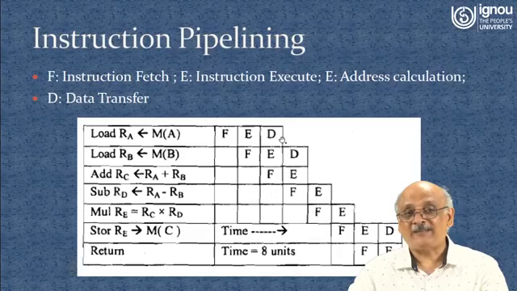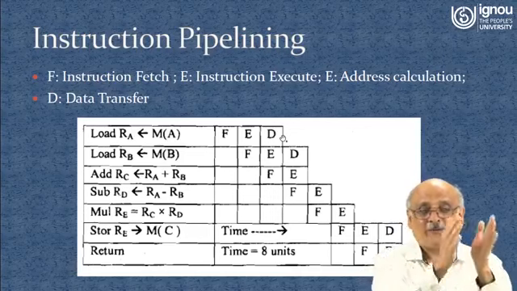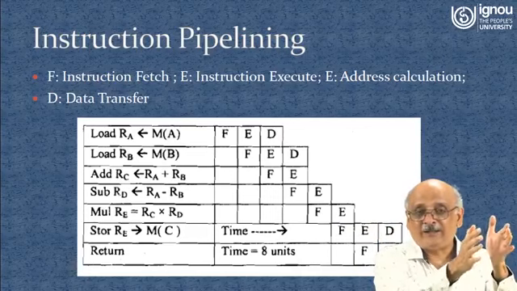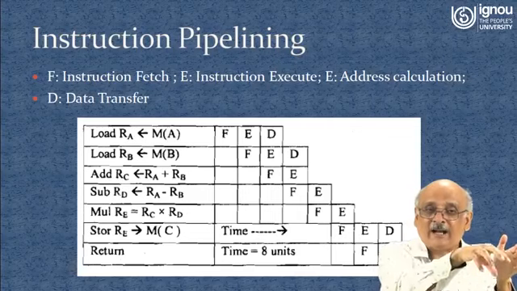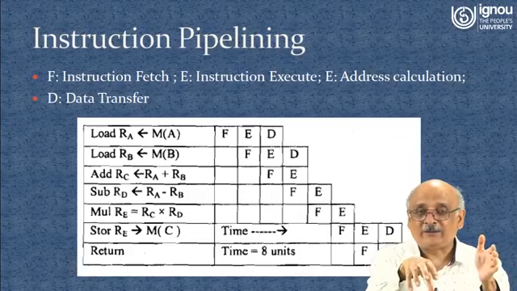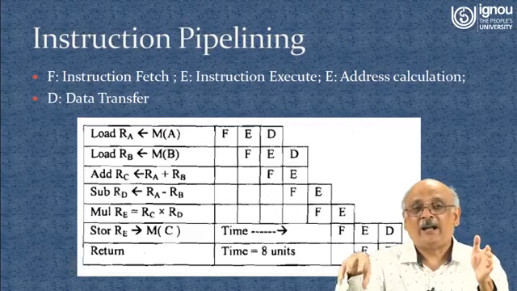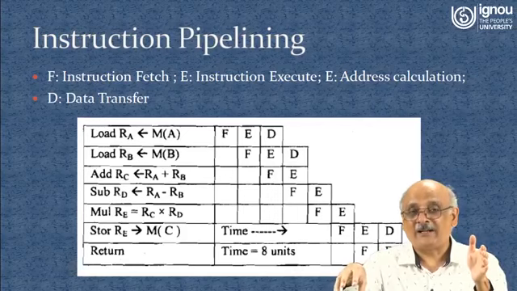As soon as F of this is starting, the F of the second instruction starts, right? So these will be 3 separate units: fetch, execute, and data transfer. Very simple. Fetch will be in one piece of hardware, execution, that is effective address, is a second piece of hardware, and data transfer is the third piece of hardware.